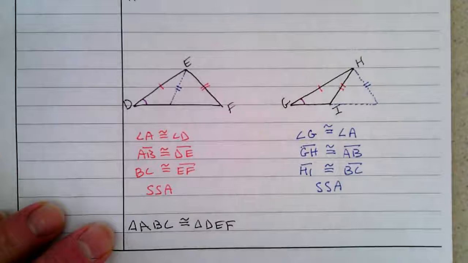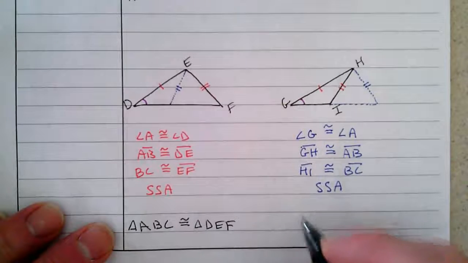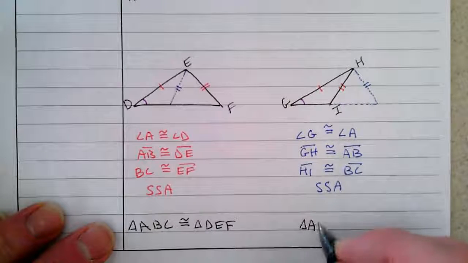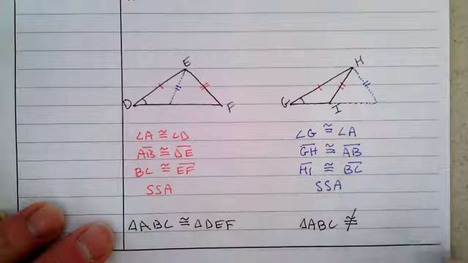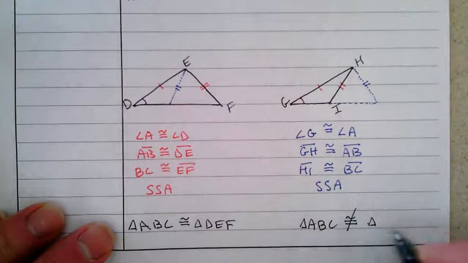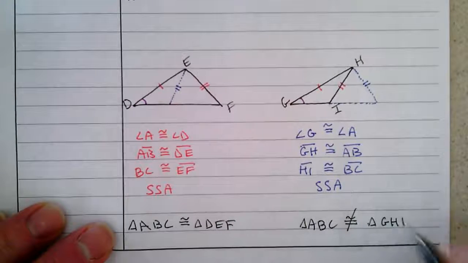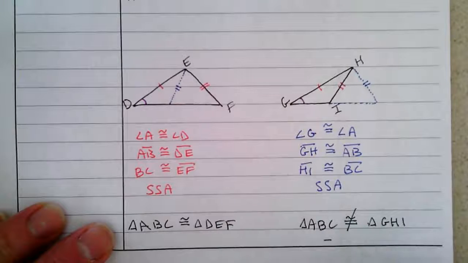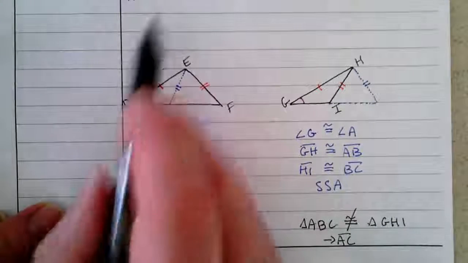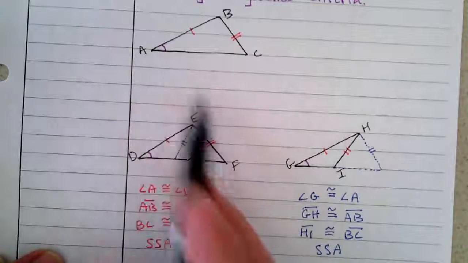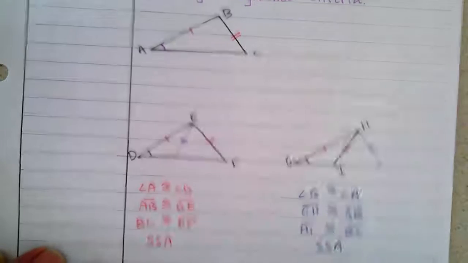But over here, we have that triangle ABC is not congruent to triangle GHI, because AC at the bottom here is not congruent to GI.